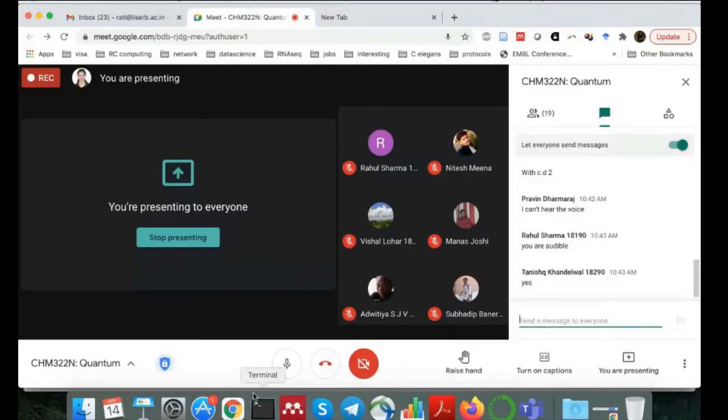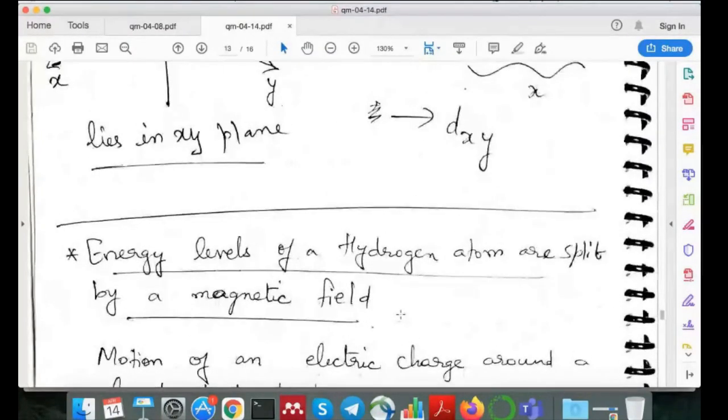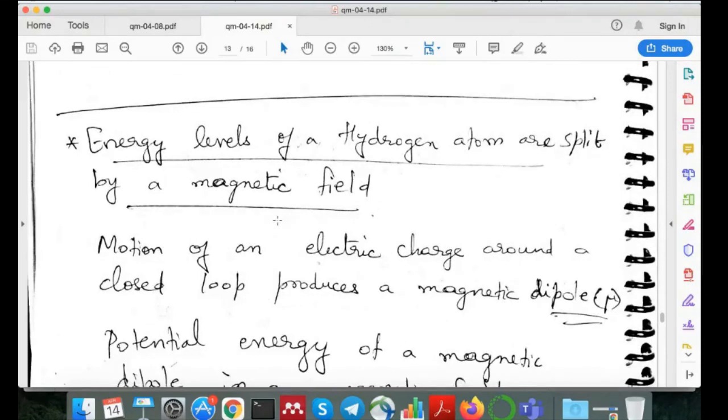Okay, fine. So the next part is, let us go back again to the Zeeman effect. What was the Zeeman effect? Under a magnetic field, the M levels become split up and are non-degenerate now. If there is a magnetic field, there has to be a magnetic dipole.